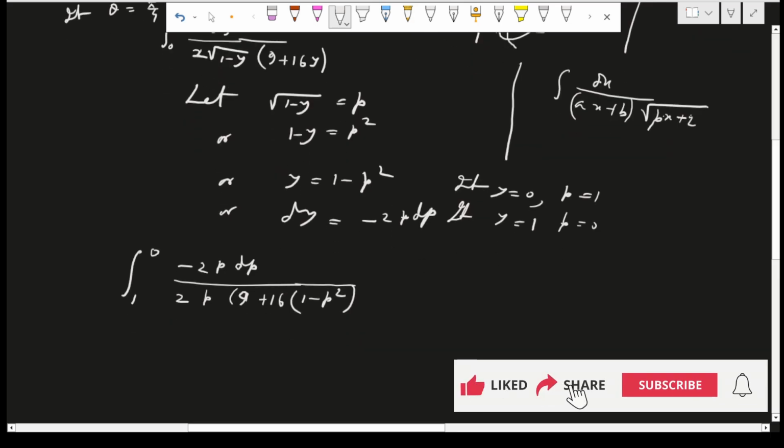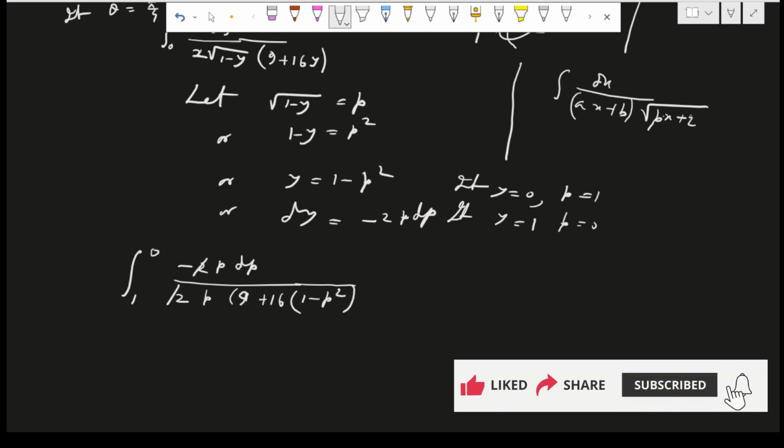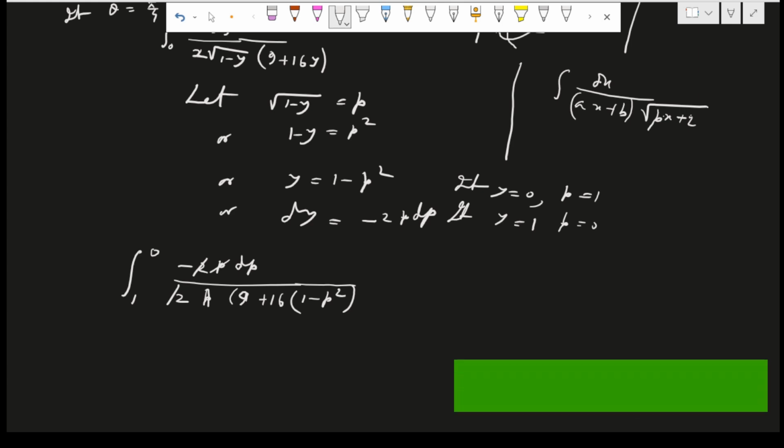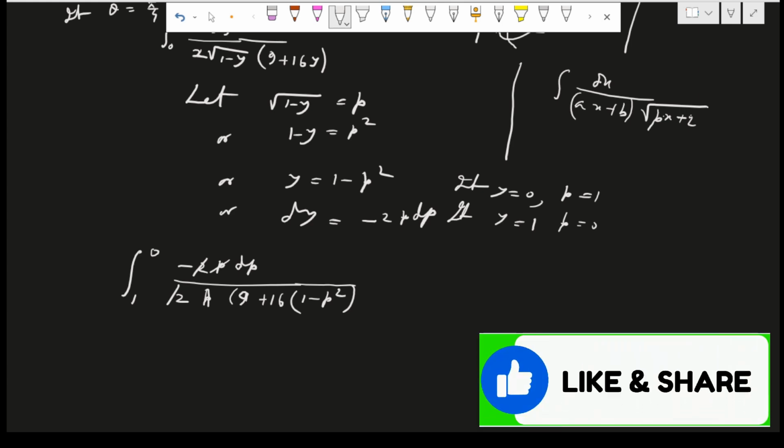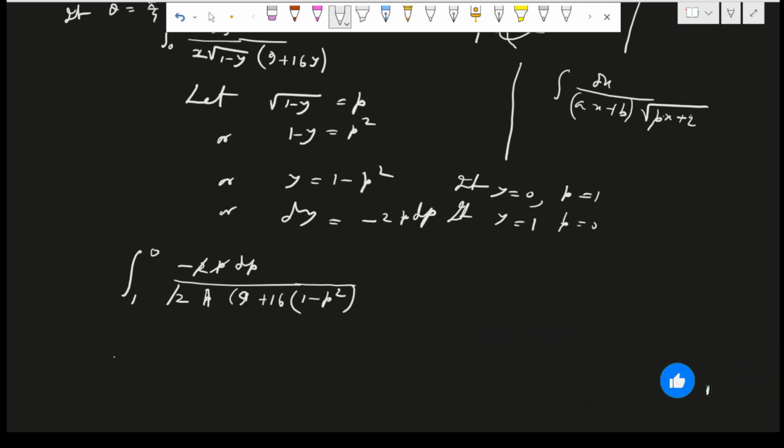Now simplify: 2 will get cancelled, this p will get cancelled. Now see, remove the minus by changing the limits.